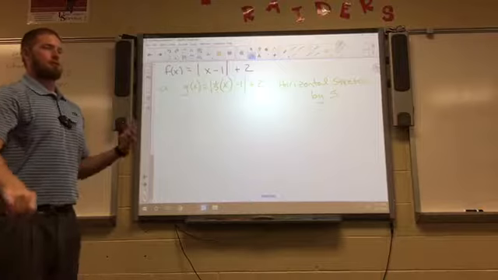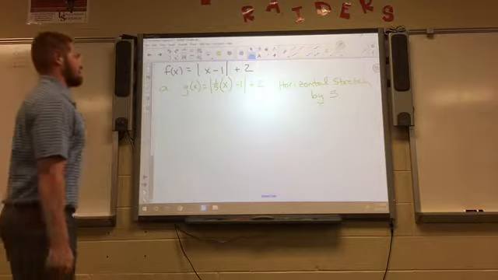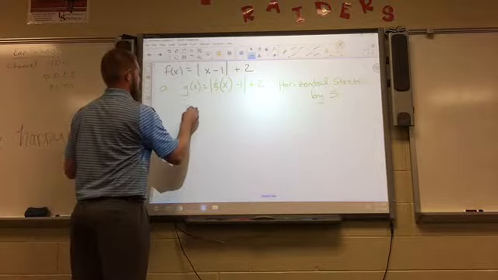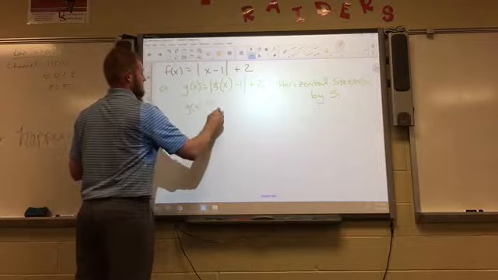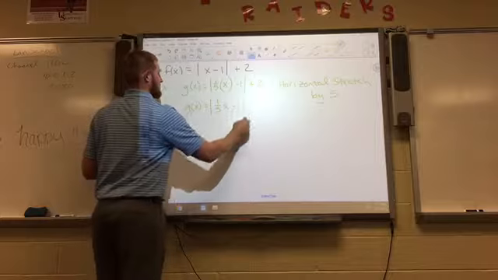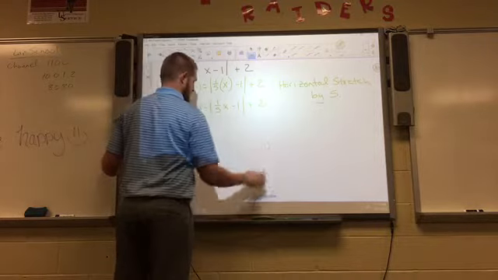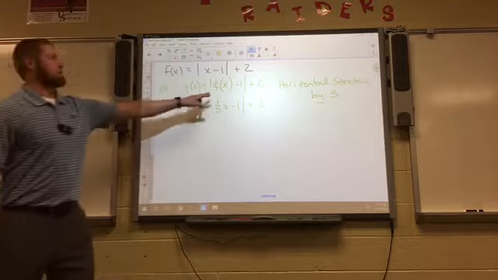Okay, now the parenthesis isn't probably necessary there. I put it because sometimes you'll have other things with that x. I just like to always have a parenthesis just in case. Hey, maybe you don't like it. That's up to you. So my answer is going to be the absolute value of 1/5 x minus 1 plus 2. I took the parentheses out.